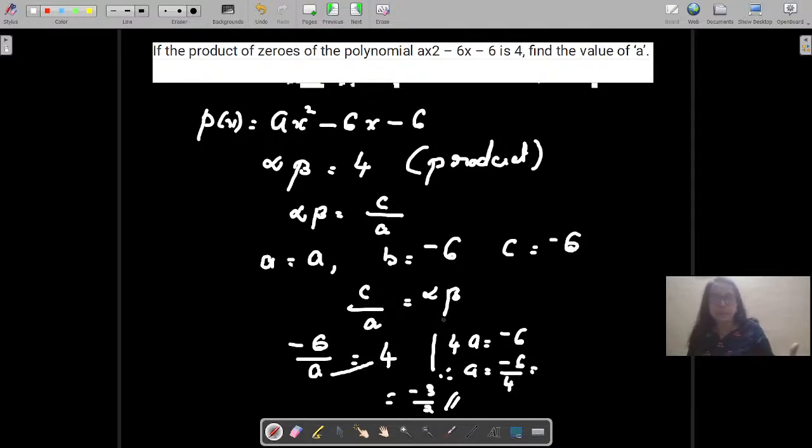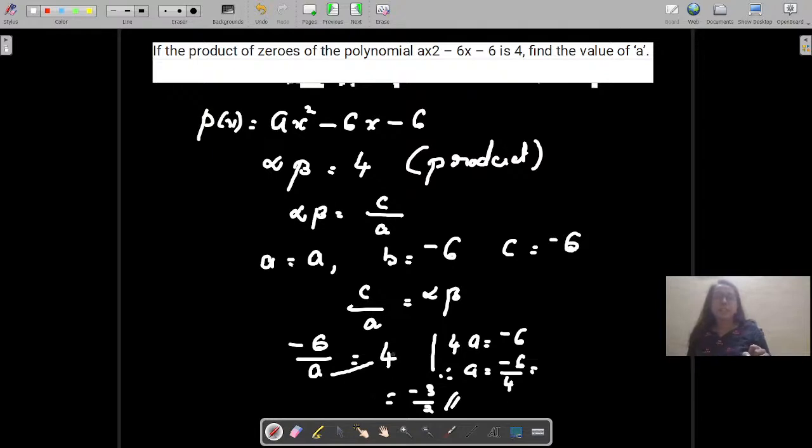Why are we taking only the product? Because in the question only the product of zeros is given. So that's why we are taking alpha beta, only that relationship, the product of zeros. So minus 6 by a, where c is minus 6, is equal to 4. Alpha beta is equal to 4.